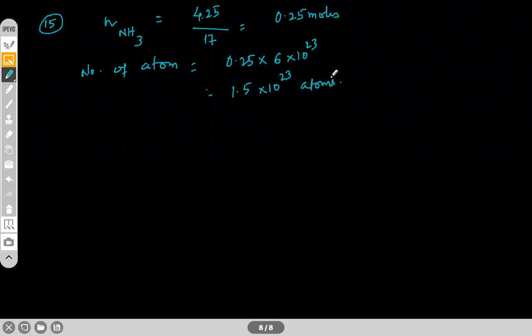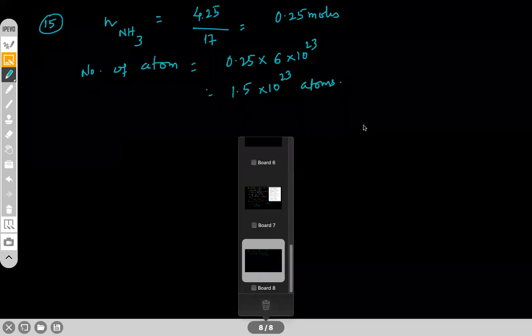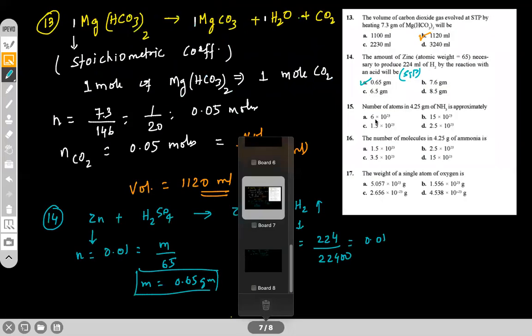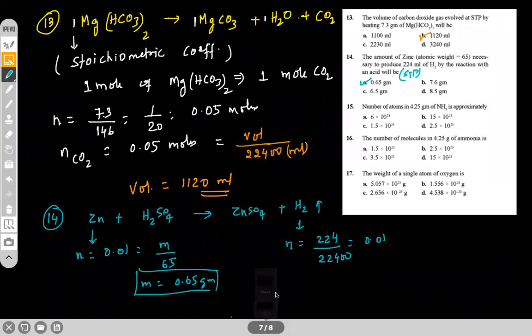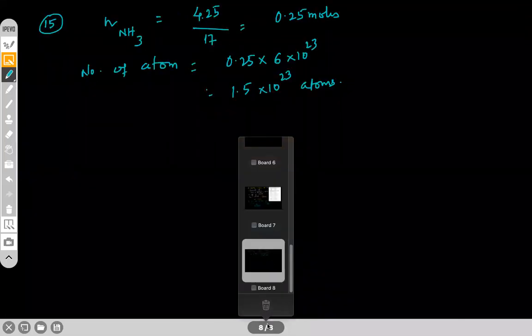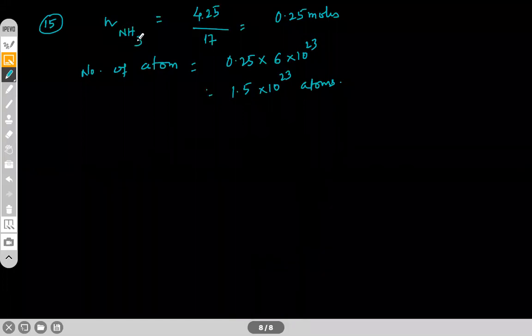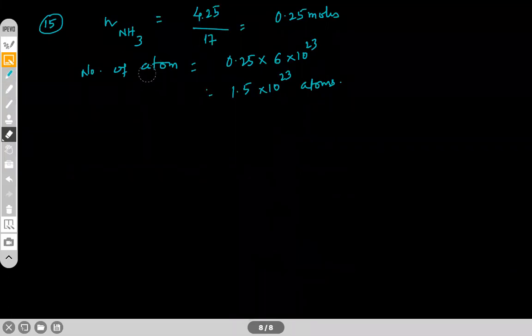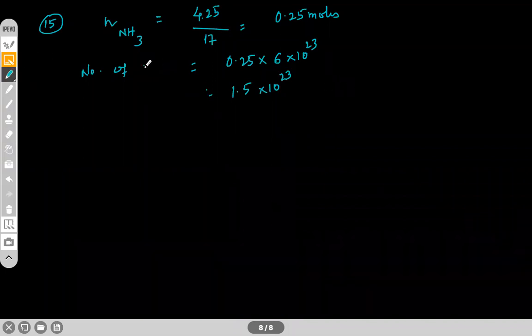They have asked the number of atoms. Fine, not an issue. One molecule has how many atoms? One molecule has 4 atoms here. The value we got should actually be the number of molecules.